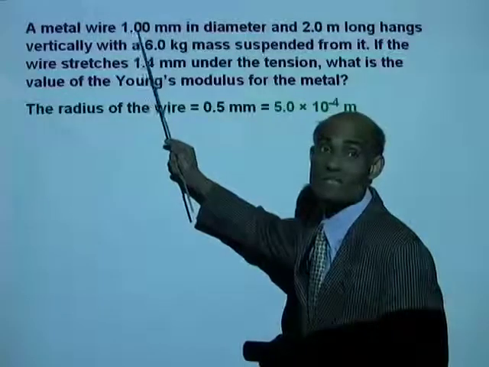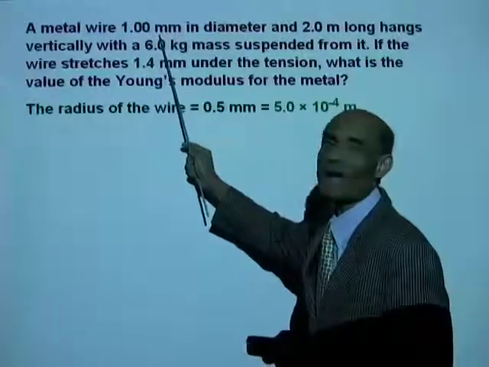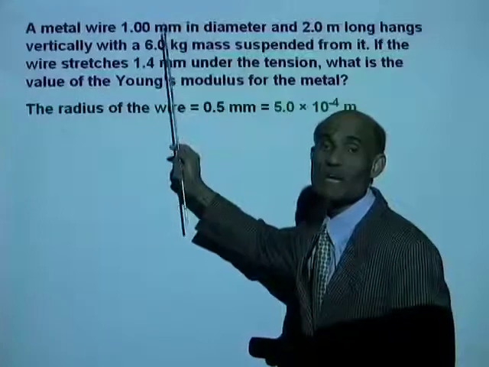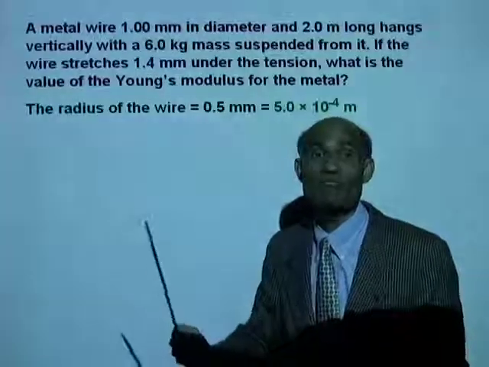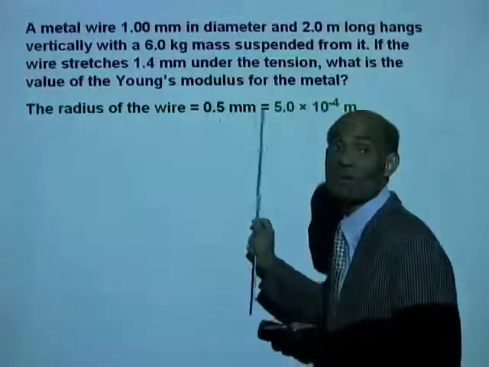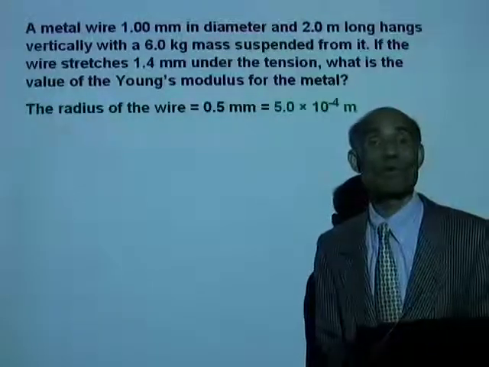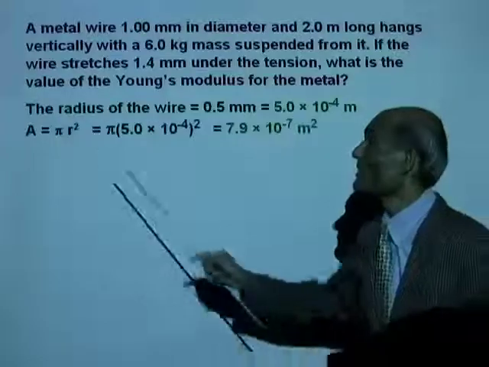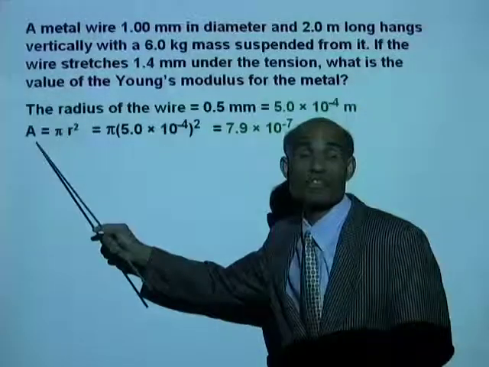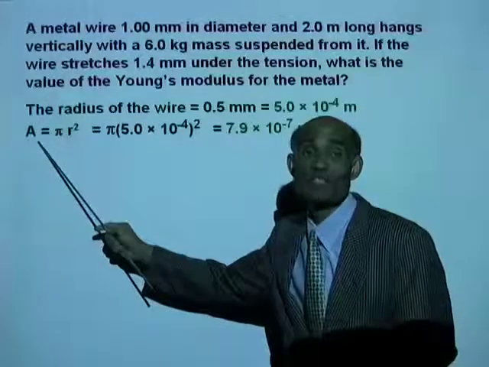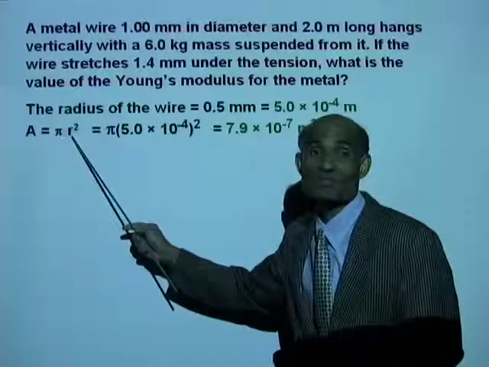What is the diameter? The diameter is 1 millimeter. The radius is 0.5 millimeter. Convert that to meters. It is 5 times 10 to the negative 4 meter. Therefore, the area of cross-section on which the force is acting is pi r squared.